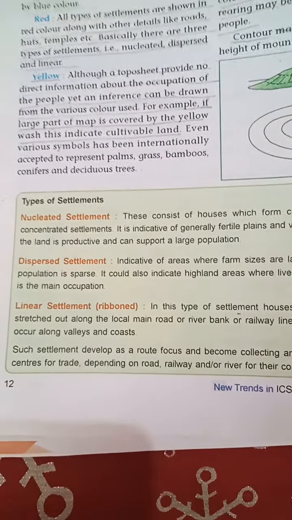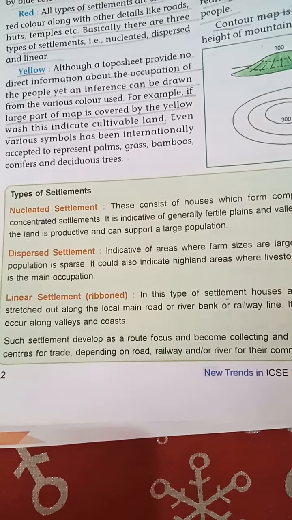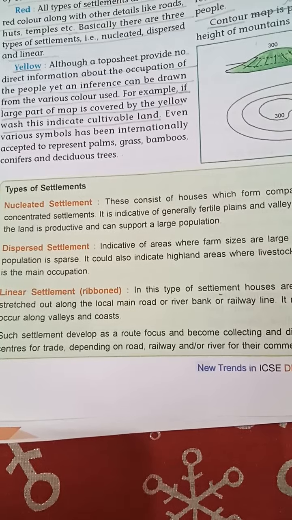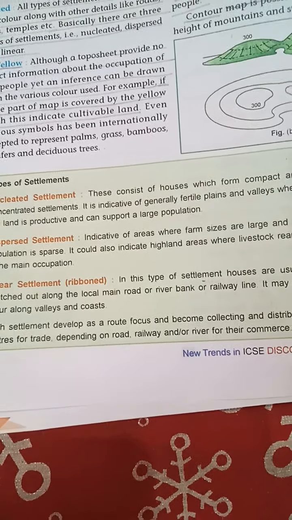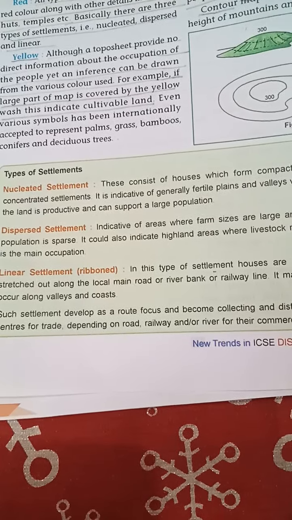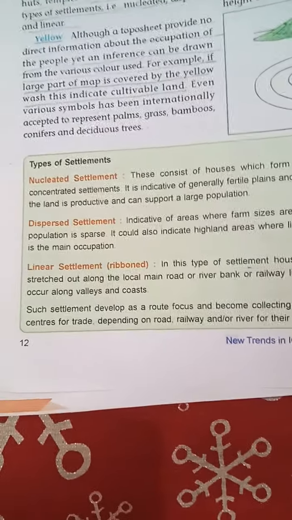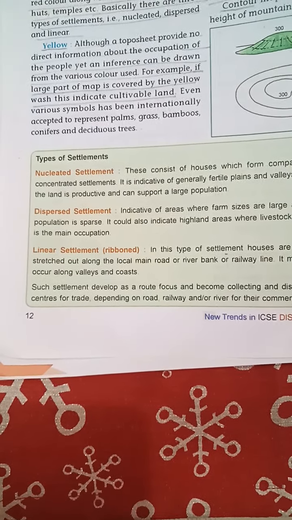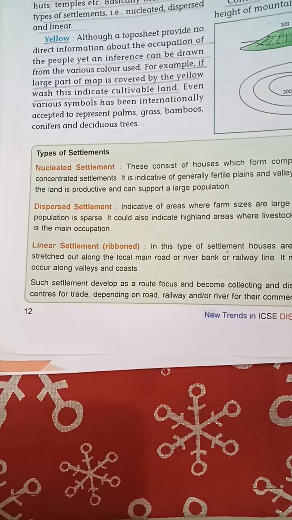Now what kind of settlements? Types of settlements such as nucleated settlements, dispersed settlements and linear settlements are all represented in red. Now what are these different kinds of settlements?